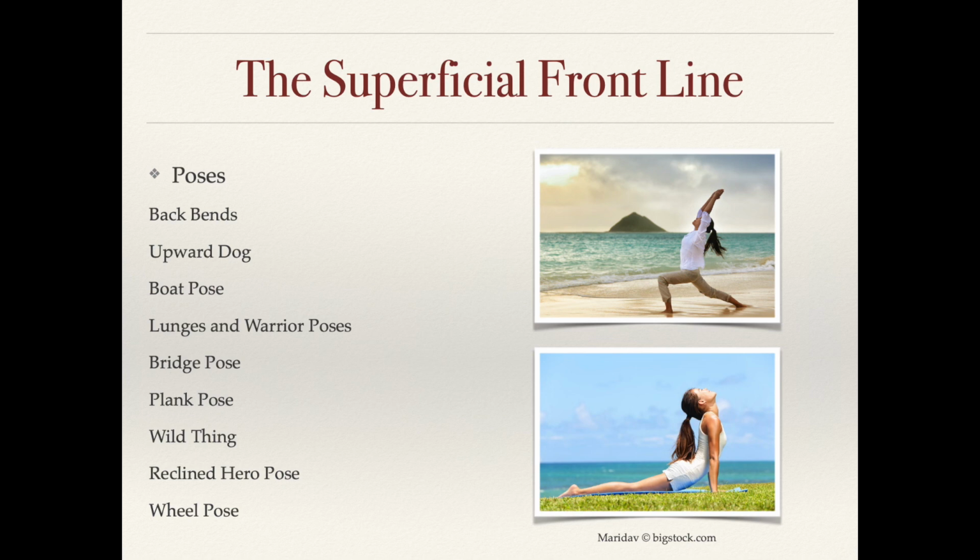So for most cases of low back pain, and especially when I'm needling into the hands or the arms, I'll have people do the bridge pose because it's maintaining and restoring that balance between the superficial front line and the superficial back line. Now, a more advanced pose is Wild Thing.